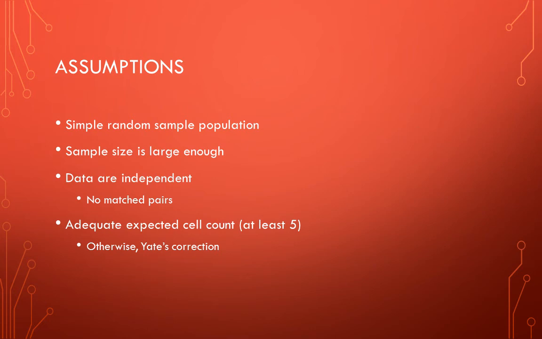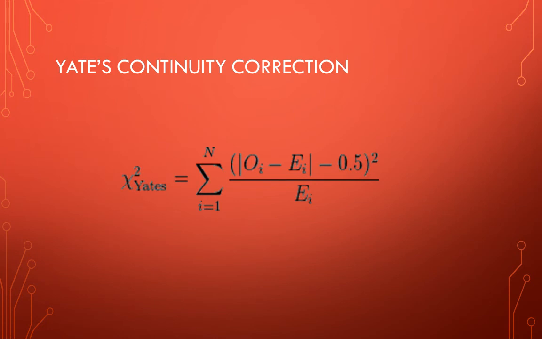And finally, when you have a chi-square test, you need adequate expected cell counts of at least 5. And if you don't have at least 5 in each expected cell, don't worry, you can use Yates continuity correction. Yates continuity correction is used when the expected cell counts are less than 5. In this correction, you're going to subtract 0.5 from the absolute value of your observed minus your expected before you square.